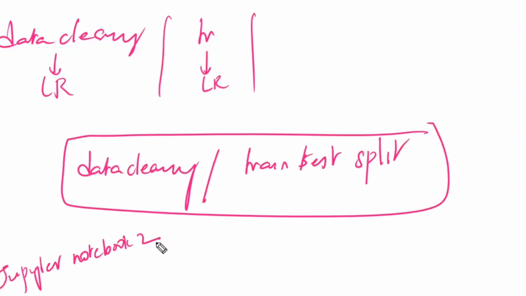Now, whatever data is there, in Jupyter Notebook 3 you start by applying various models: model 1, model 2, model 3, like this. The data should be the same. After cleaning, whatever data you have got, the data should be the same, and you give it to model 1, model 2, model 3. Model 2 means nothing but a different algorithm. Model 3, model 4, model 5.